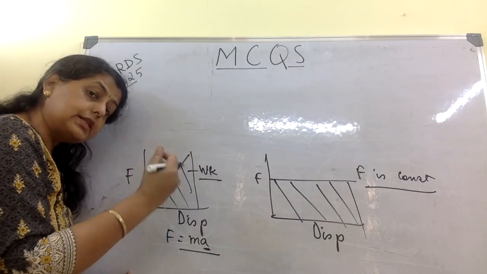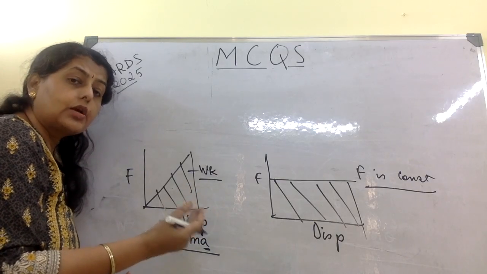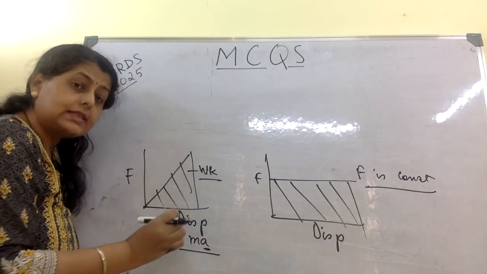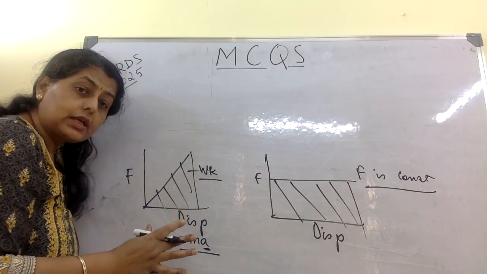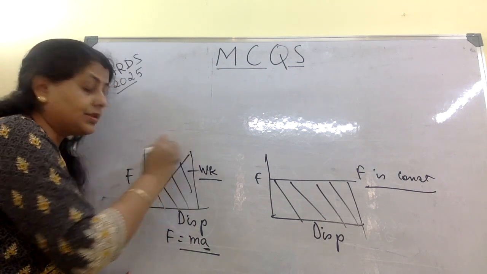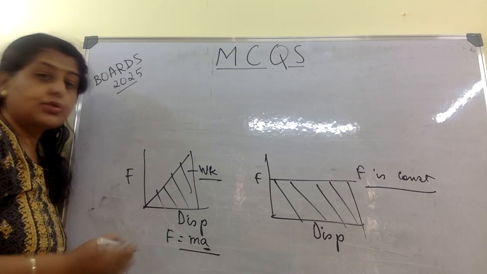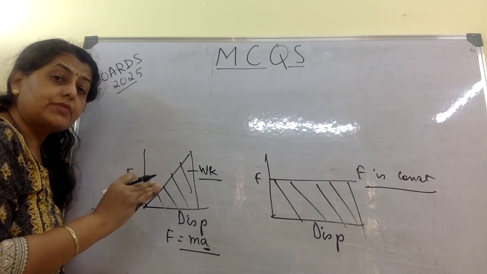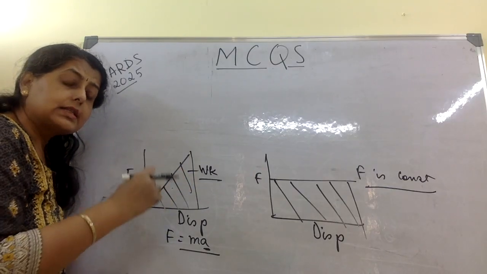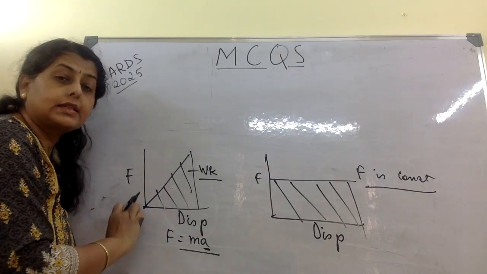There won't be a steady change in velocity. The velocity will sometimes increase less, sometimes increase more. I can't say that it is retarding anywhere because it is showing a constant increase in force. So I can't say that it is sometimes accelerating, sometimes retarding. No, it is accelerating, sometimes a small acceleration, sometimes a bigger acceleration. Acceleration is varying in this case.